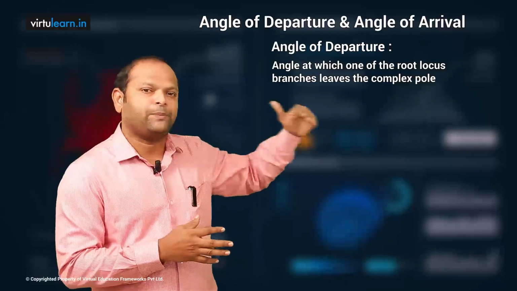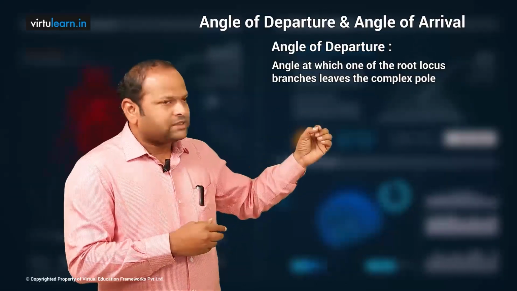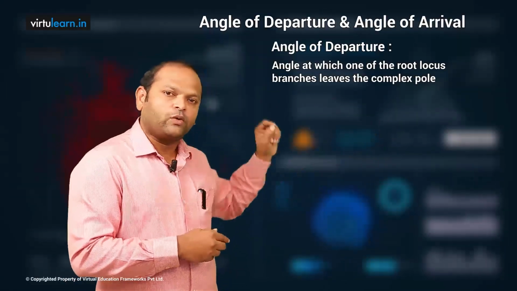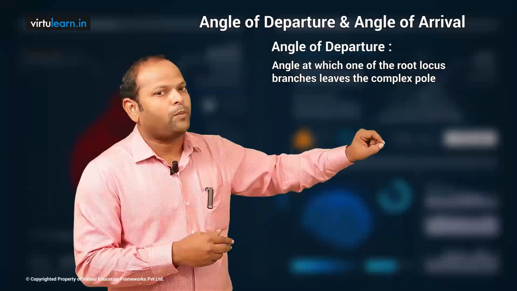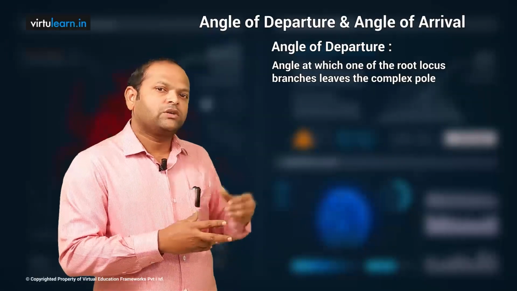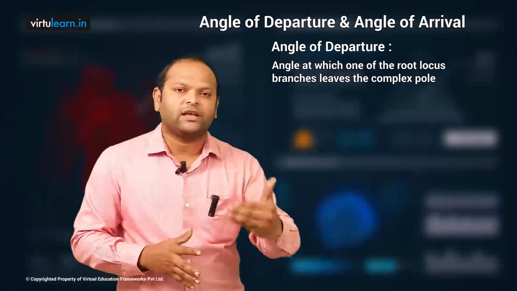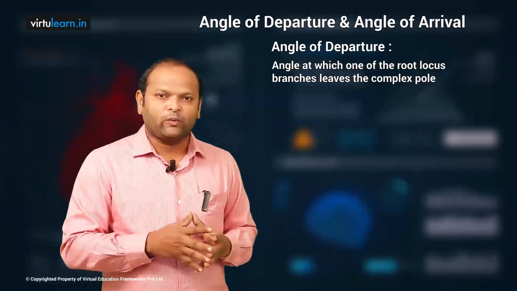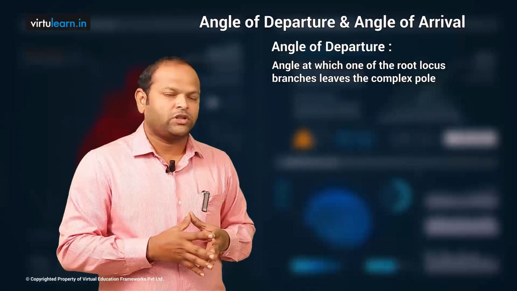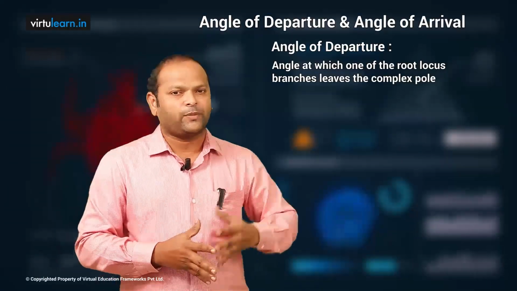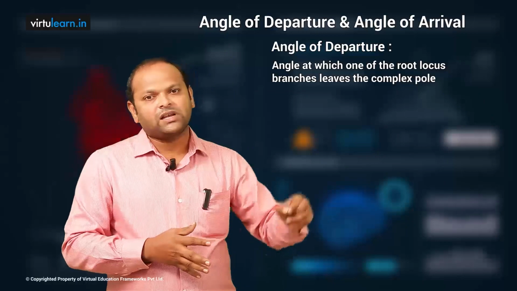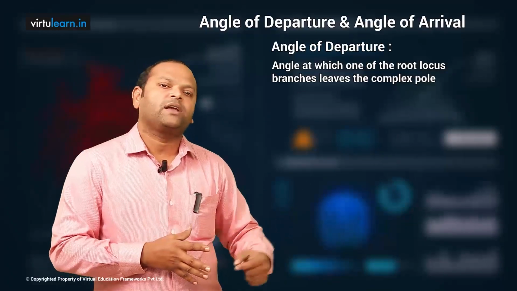So leaving is departure. This angle of departure can exist only if you have complex poles. In any given problem, if there is no complex pole, there is no need to calculate the angle of departure, right? Angle of departure exists only if there is a complex pole.